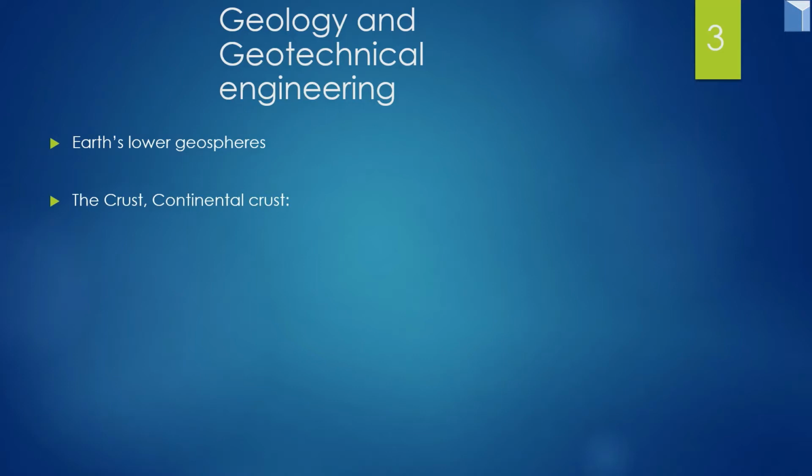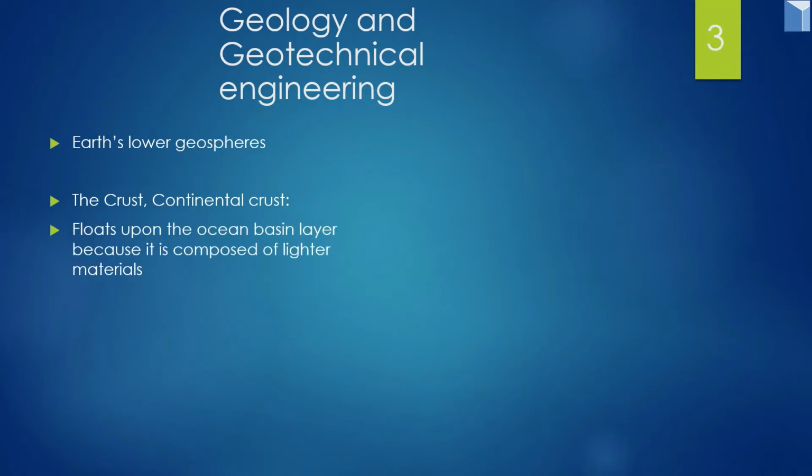The crust of the earth, and especially the continental crust, floats upon the oceanic basin layer, because it is composed of lighter materials. The materials composing the continental crust are silica, granitic, and granodiorite rocks.